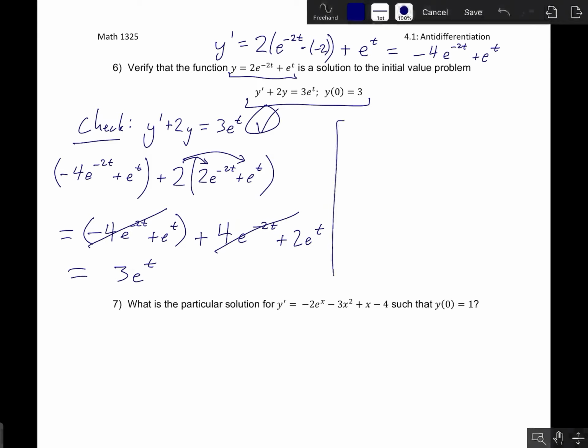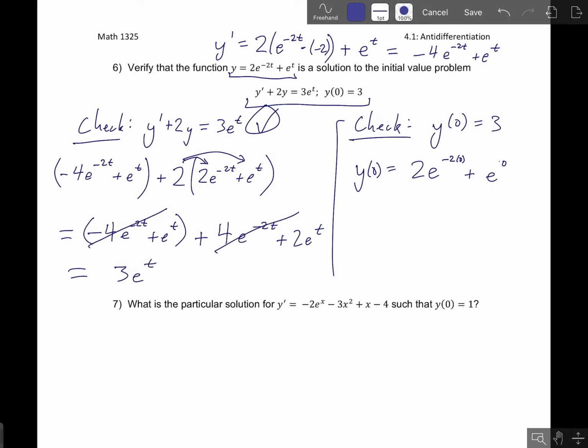The second equation is going to be a little bit easier to check, thankfully. We also want to check that y evaluated at 0 is equal to 3. So I'm going to plug in a t value of 0 into this expression for y. We'll have y evaluated at 0 is equal to 2e to the negative 2 times 0 plus e to the 0.